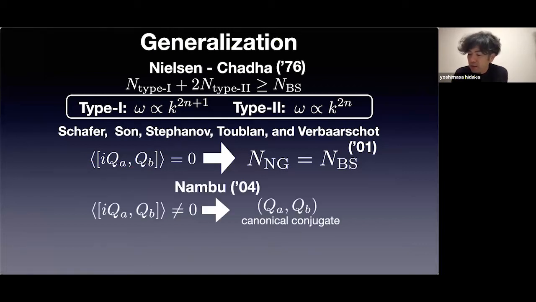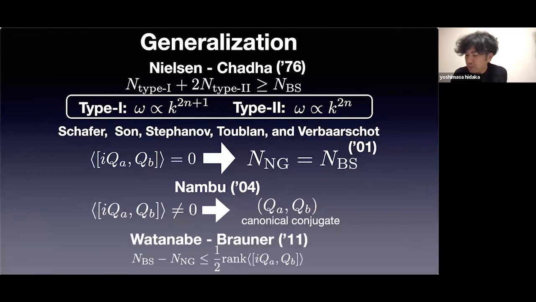In 2004, Nambu gave an argument: this non-vanishing commutator looks like these 2 degrees of freedom are canonically conjugate. Canonical conjugate means that these degrees of freedom are not independent but related, so that counts as one degree, the number of energy modes.